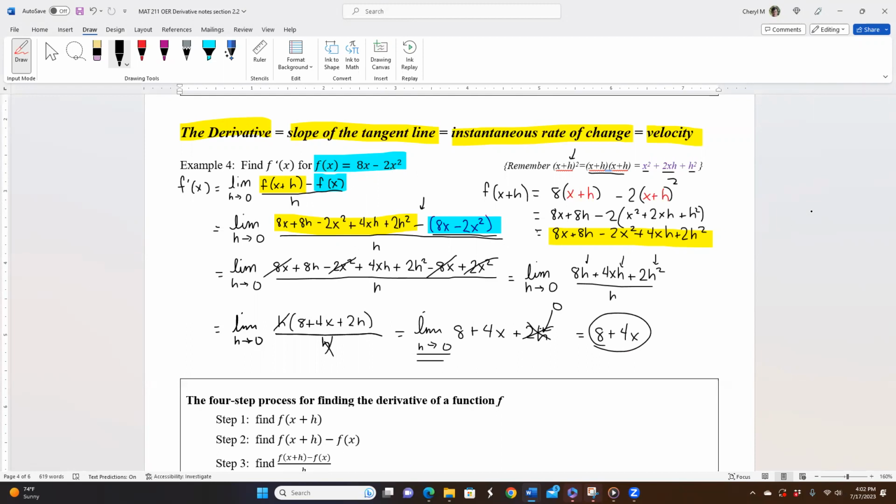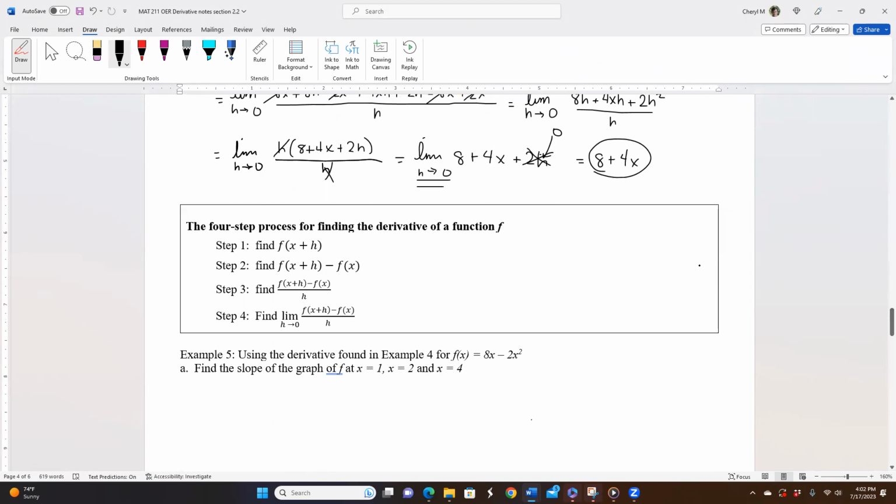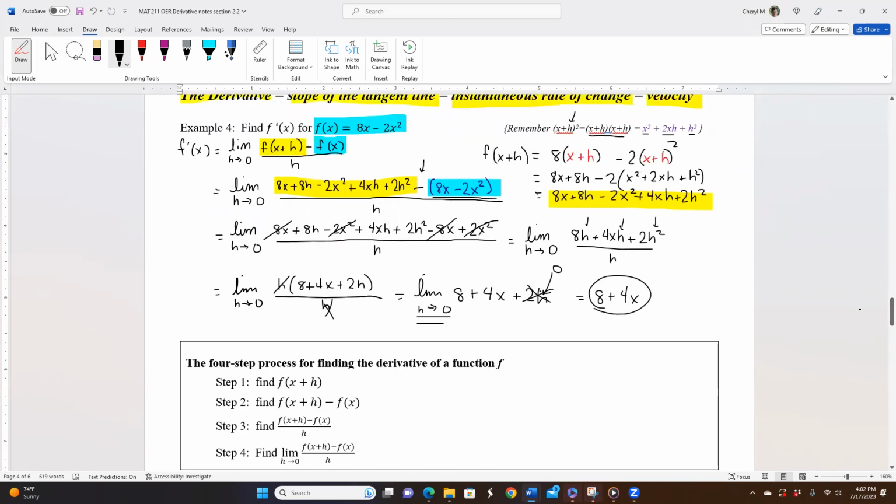Here are those steps in more detail. You can see here, it says find f of x plus h, which is what we did up here. We found f of x plus h first. Then it says subtract, which we have in our numerator. Here's f of x plus h, and here's f of x.